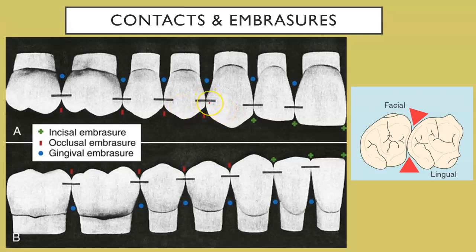So we can say that for this tooth here, because it's an anterior tooth, it would be more on the incisal third of the tooth, whereas this one, it's a posterior tooth, it would be more on the occlusal surface of the tooth. Here, these two posterior teeth, that point of contact where they touch would be more along the middle third.